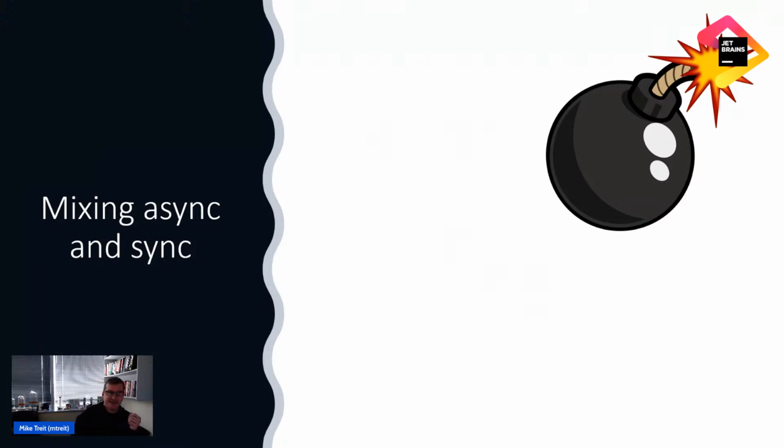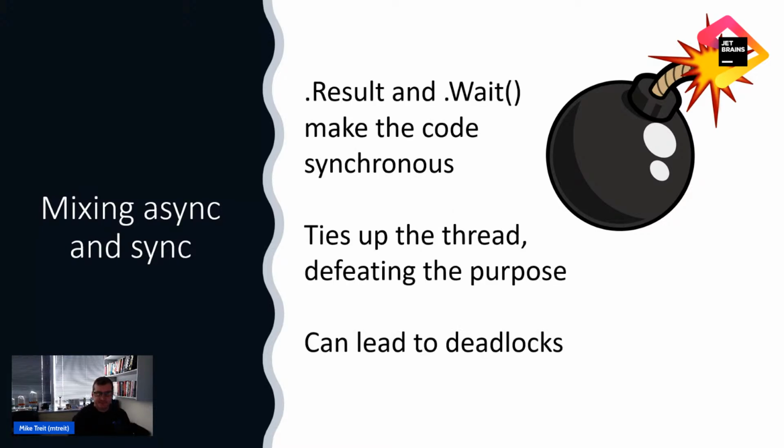Mixing async and sync. Don't. This is one of the biggest pitfalls that we've seen as async code has become a lot more popular. If you call the .Result property or the .Wait method, you're essentially making your code synchronous, which kind of defeats the whole point of async. It will tie up your thread, which basically defeats the purpose, and it can lead to deadlocks.